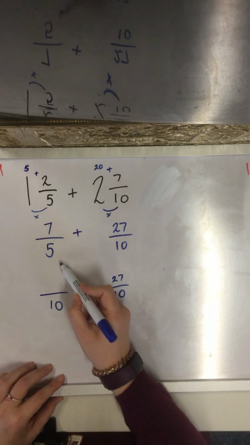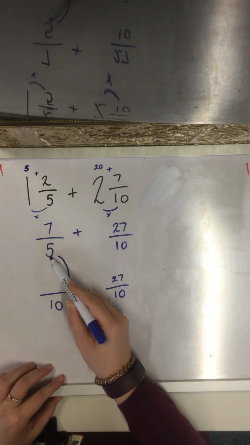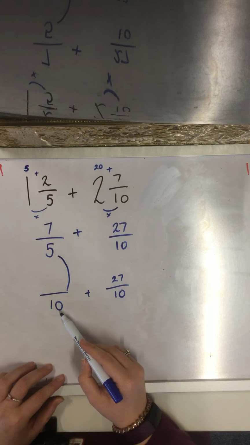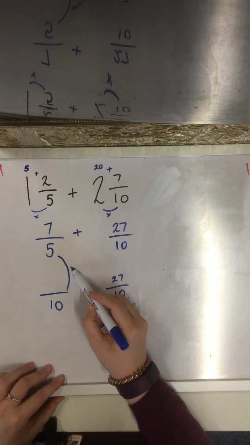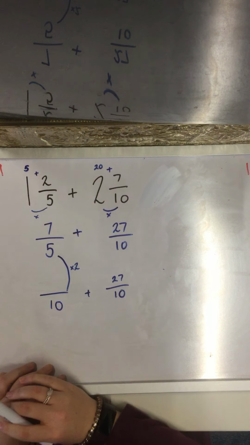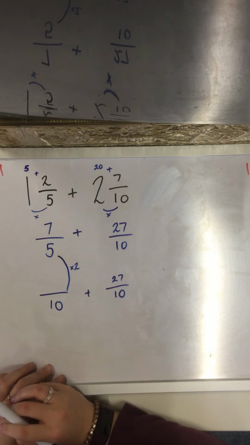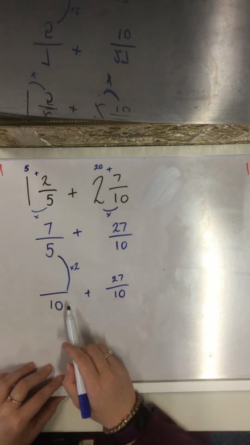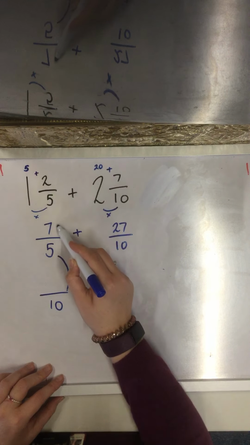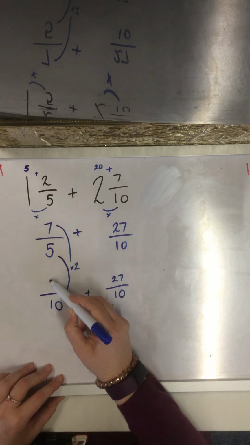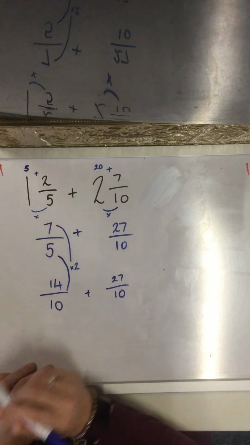So I'm going to ask myself, how did 5 become 10? Times it by 2. 5 times 2 is 10. And whatever you do to the bottom, you do to the top. So 5 times 2 is 10. 7 times 2 is 14.